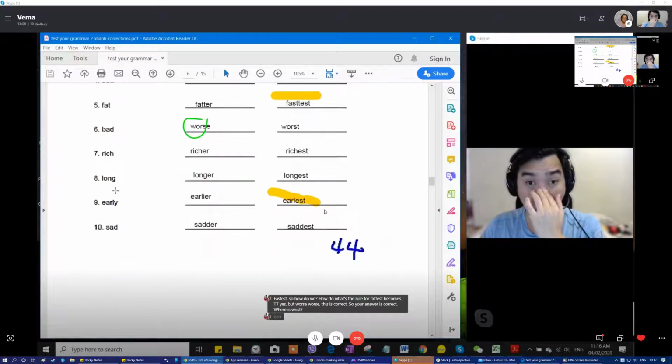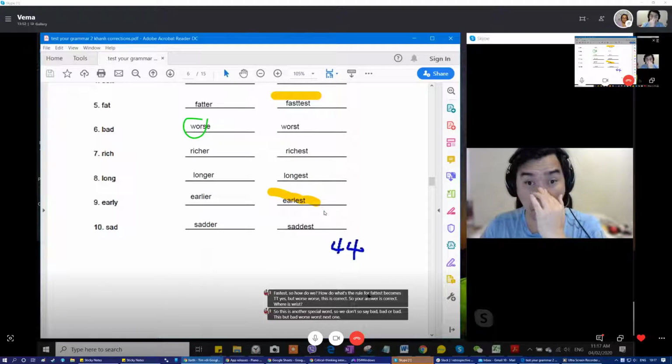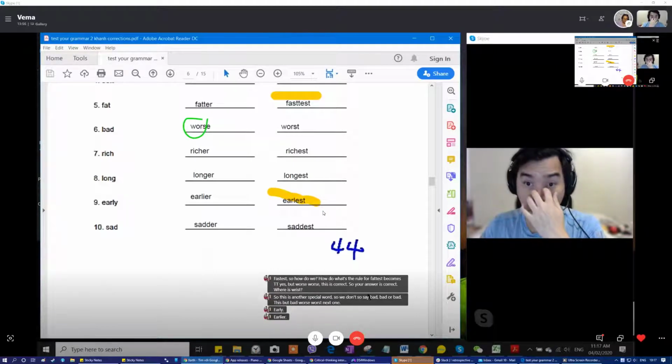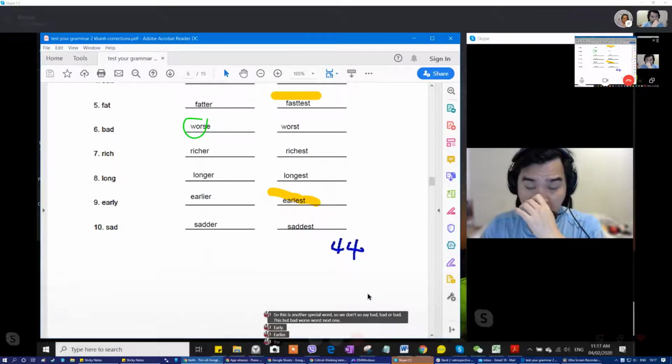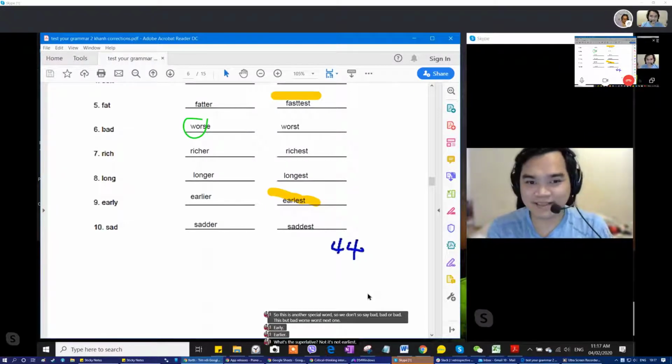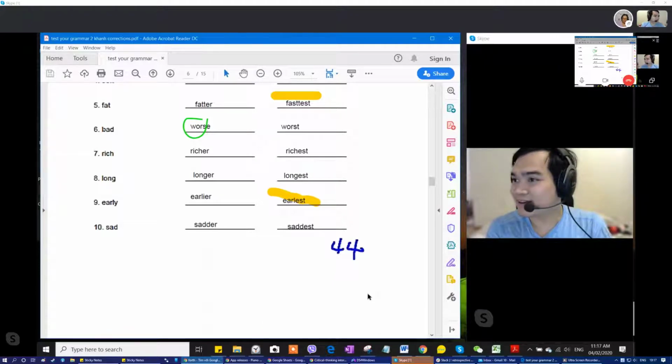Next one. Early, earlier. What's the superlative? It's not earliest. Let me try again. Early, IEST.